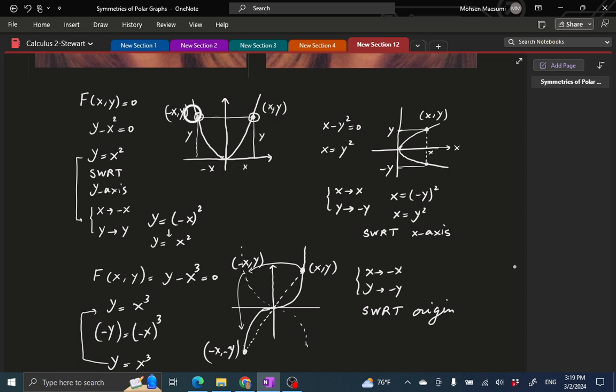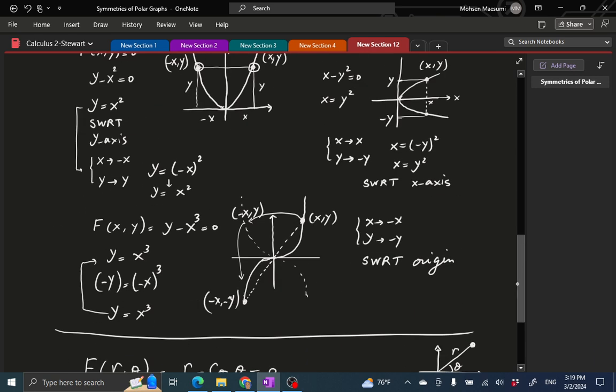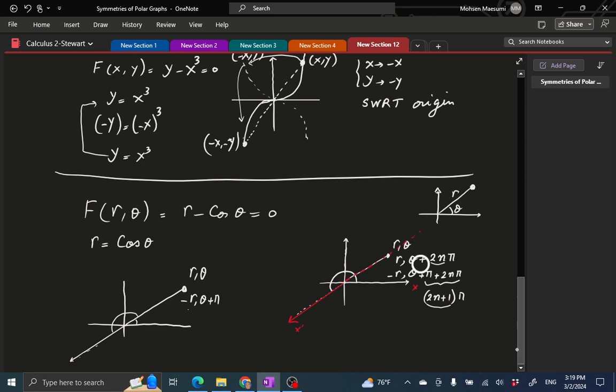In polar, the issue is that one point on one side can be given in terms of one of these representations, and the reflection of it may be given with some other representation. You see, that's the difficulty.